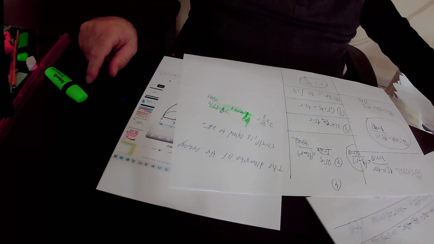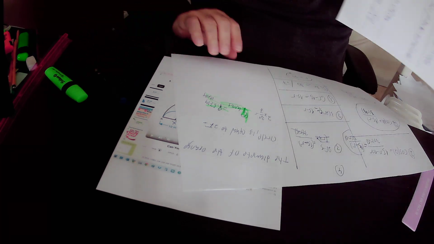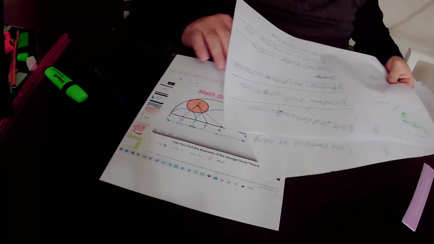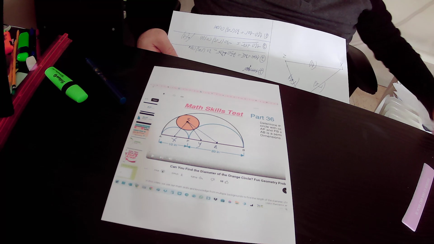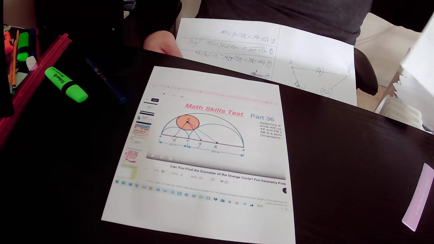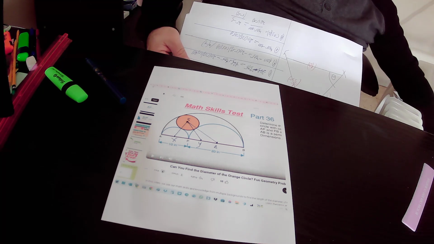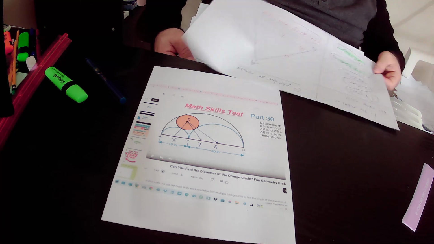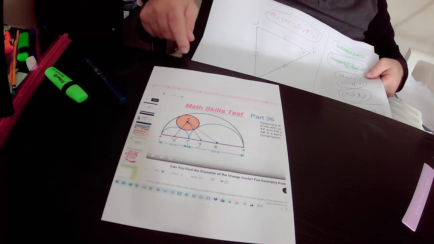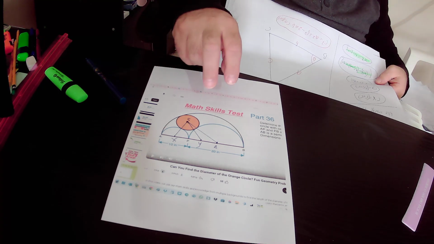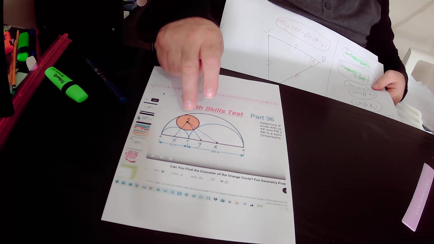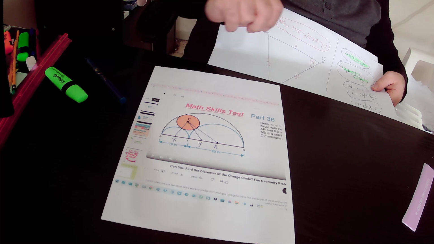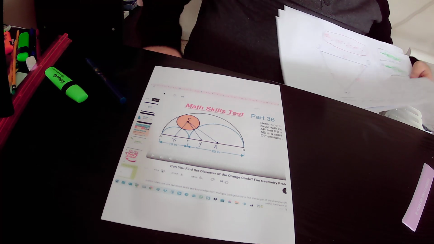Okay, so we actually wanted to find out the diameter of this orange circle, and we have in the drawing 3 semicircles. 2 semicircles are located inside the big semicircle, and inside the biggest semicircle we have also the orange circle.